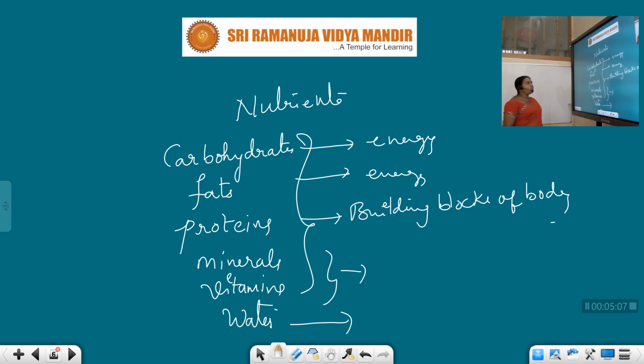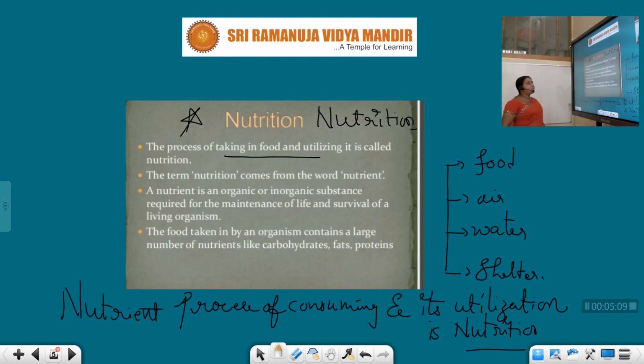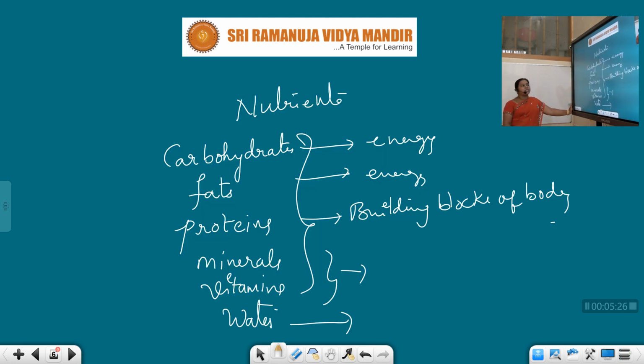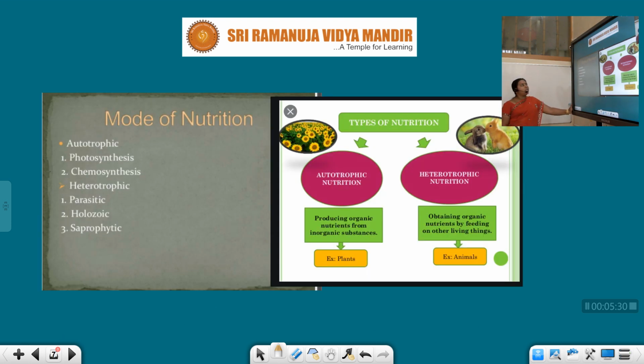So this is about the nutrients which we require along with our food. A nutrient is an organic or inorganic substance required for maintenance of life and survival of a living creature. The food taken in by the organism contains a large number of nutrients such as carbohydrates, proteins, minerals, fats, vitamins and all.